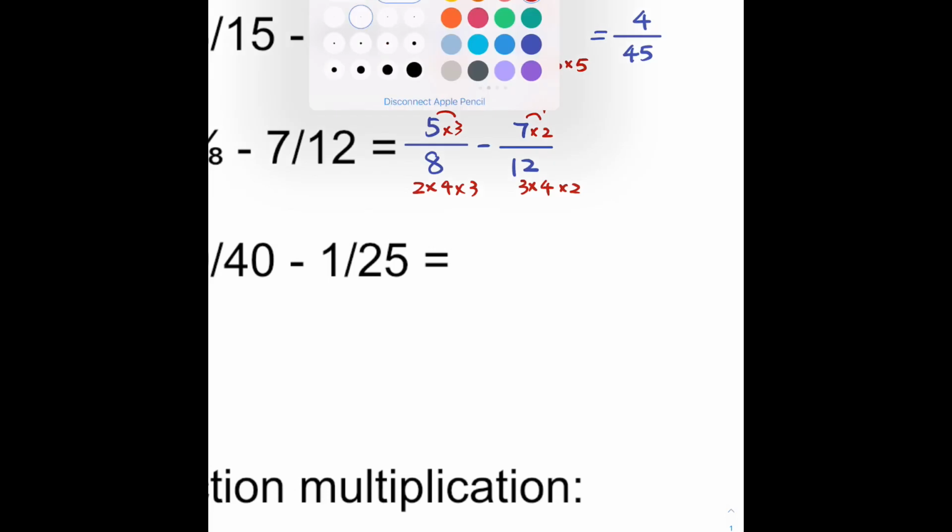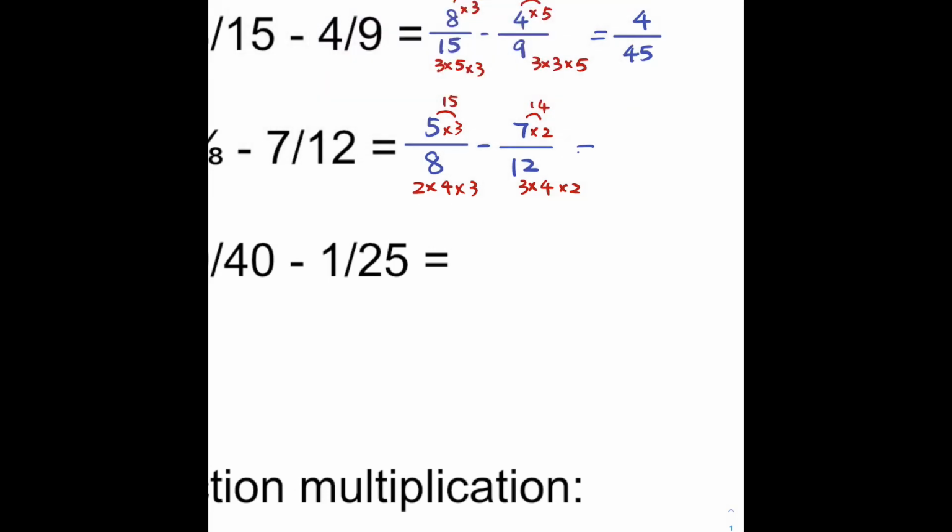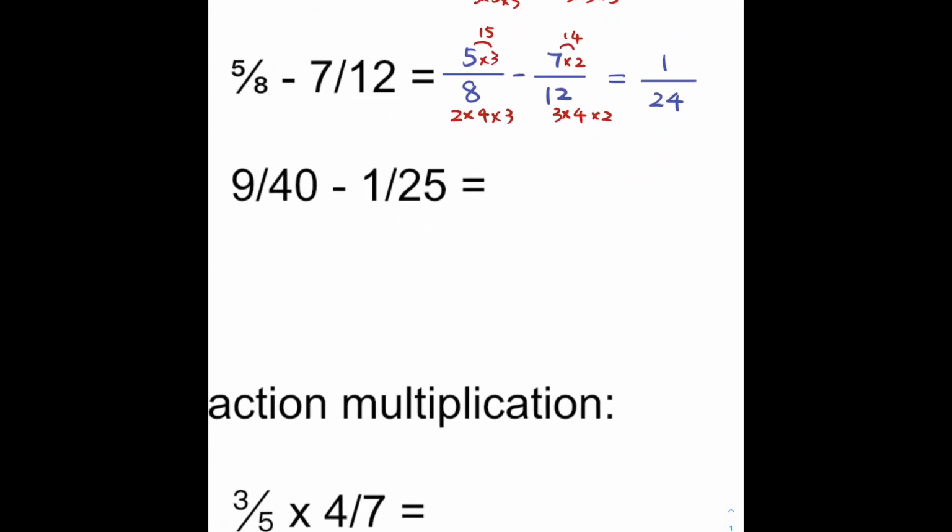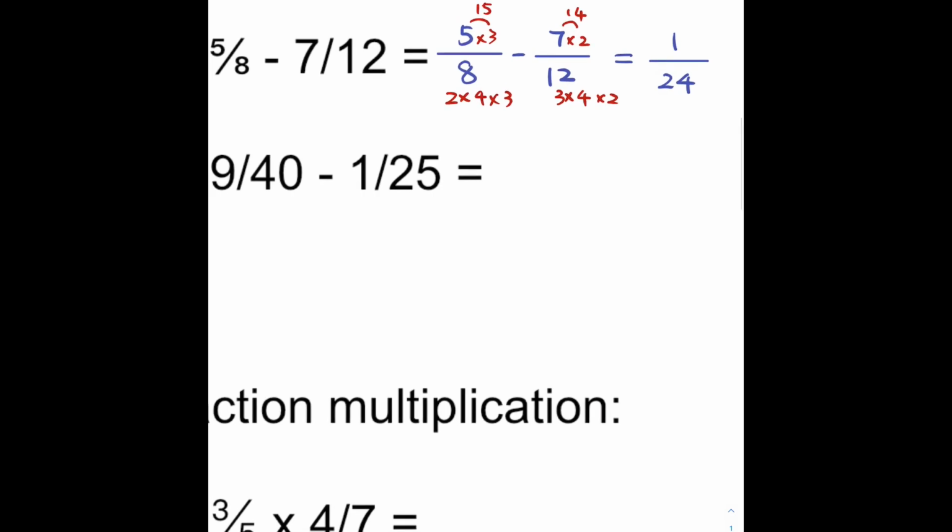So the bottom will become 24, 1. Ooh, that's a close call, right? And 9 over 14 minus 1 over 40.